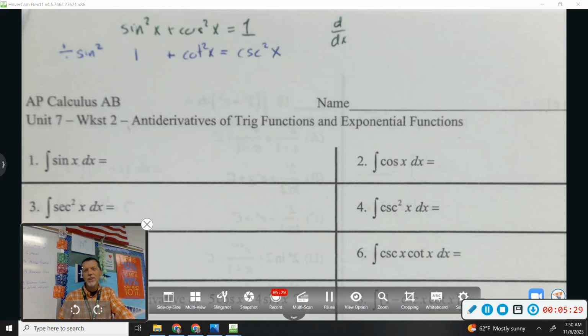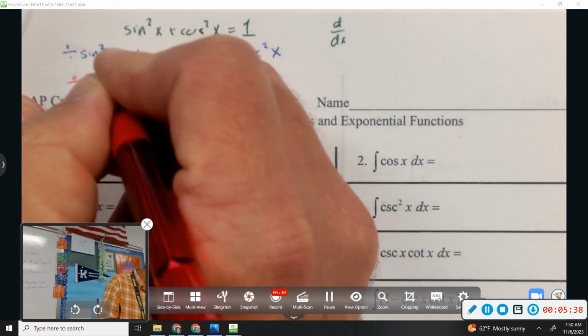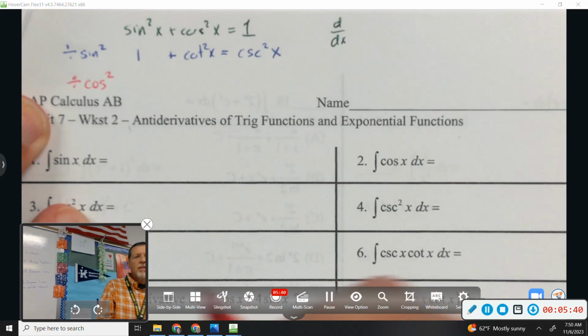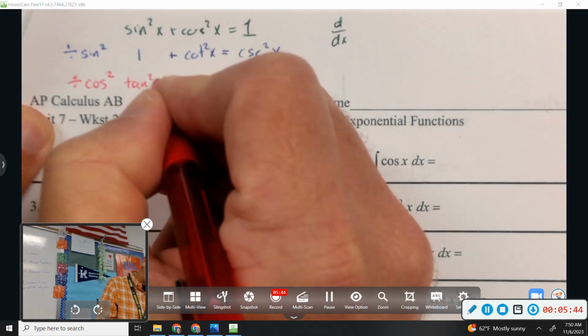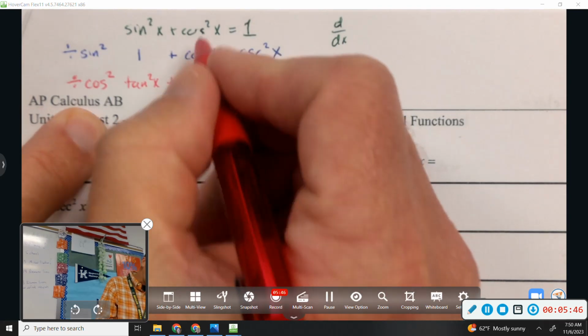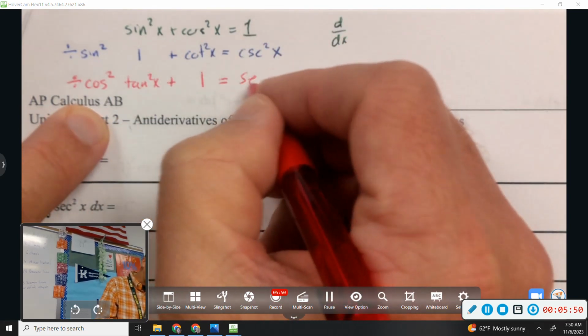What should we do to get the last one? Divide by cosine squared. Divide the original by cosine squared. So sine over cosine is tangent. Cosine over cosine is 1. And 1 over cosine is secant.